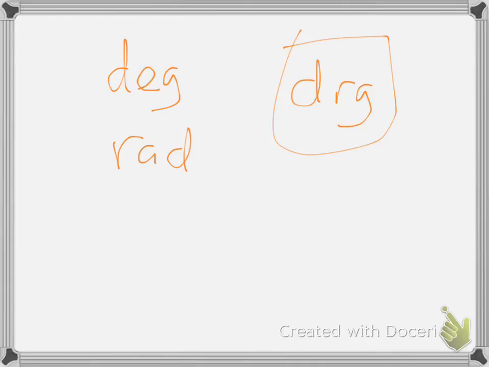The reason is, if I asked you for 1 degree, it would be that little teeny piece, right? But 1 radian, guys, is somewhere about here. Why is that? Because pi is 3.14.